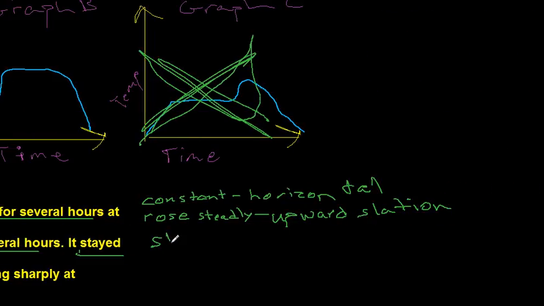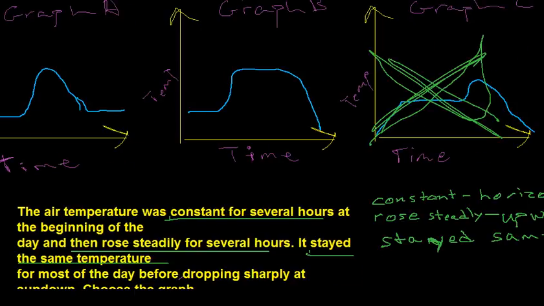Yeah, constant, and constant means that the graph is horizontal, right? So it means that stayed the same means horizontal. There you are, Mr. Gavin, spelled it correctly for you.